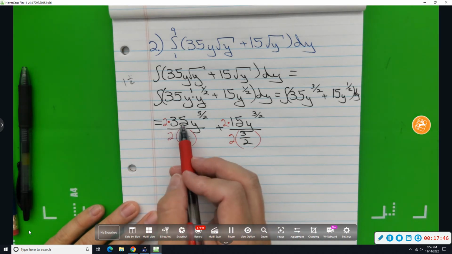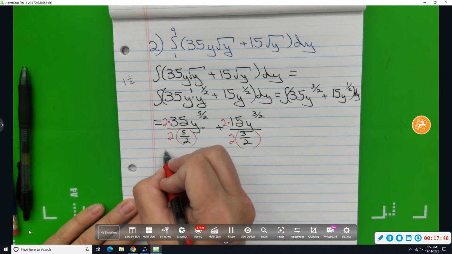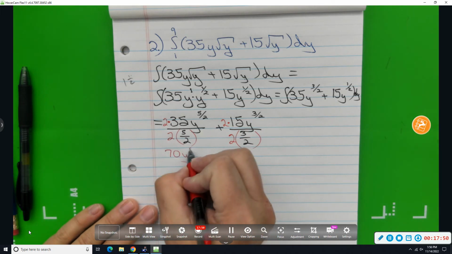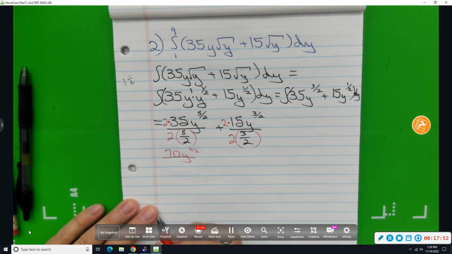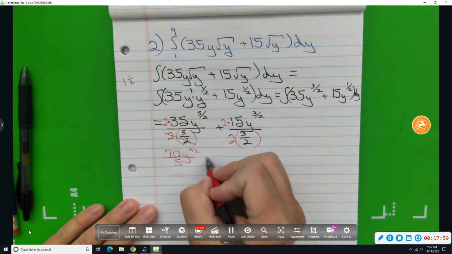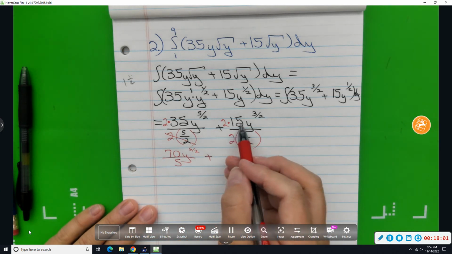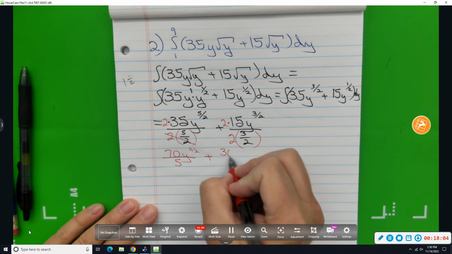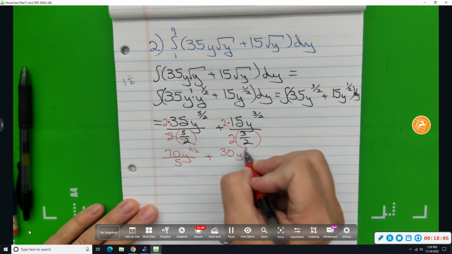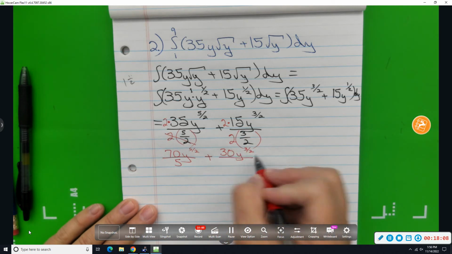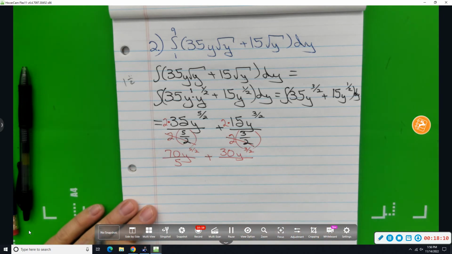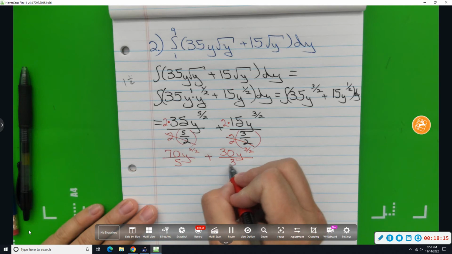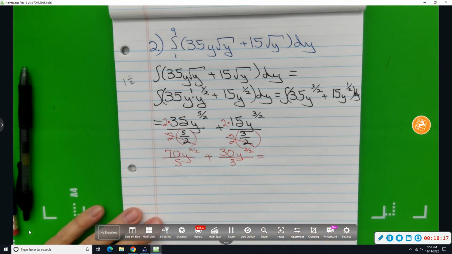So we have 2 times 35, that's 70 y to the 5/2 all over, what are we left with there? 5, I agree, plus 2 times 15, that's 30 y to the 3/2 over. The 2's cancel. What are we left with? 3. And this is going to reduce pretty nicely.